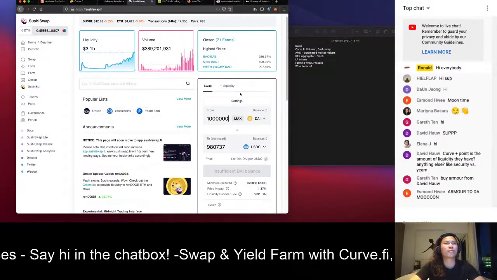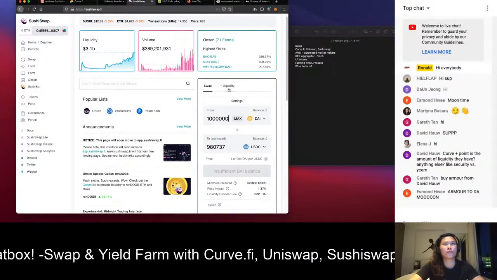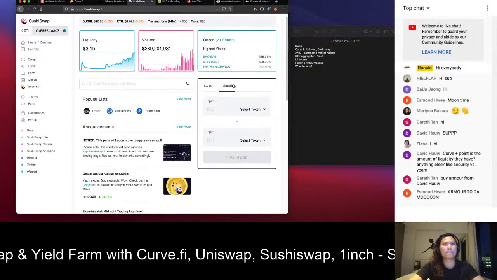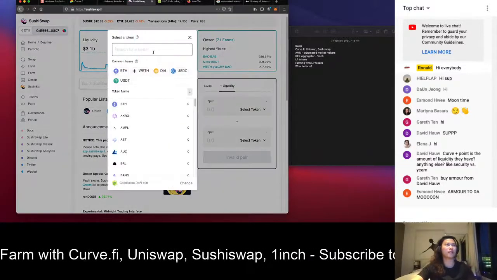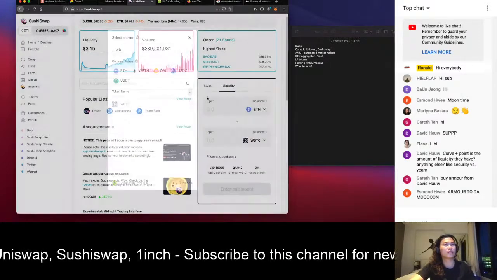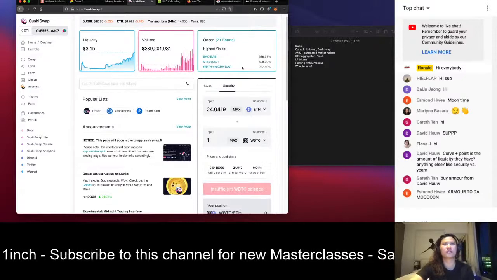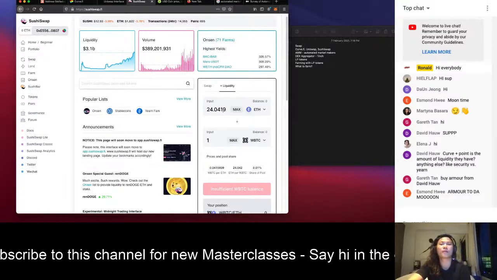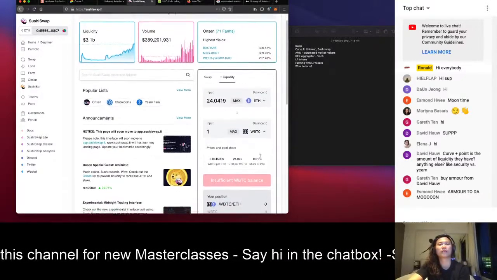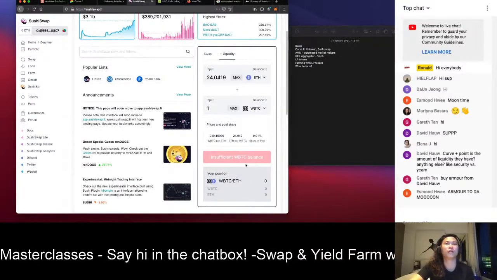If you want to do swaps, and then the same idea, if you want to add liquidity into SushiSwap, you come here, plus liquidity. You select again, same idea, two tokens, so Ethereum and WBTC, for example, and one WBTC is about 24 Ethereum. Okay, then you click this red button here, and you would have added your liquidity.